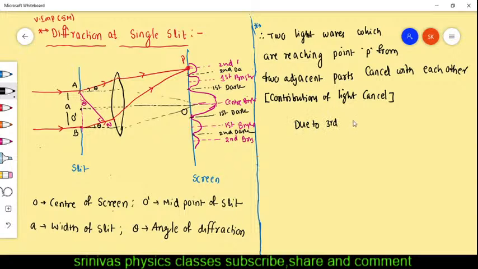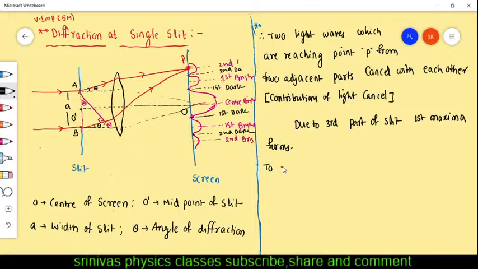Due to the third part of the slit, the first maxima forms. Like this, the maxima are explained.